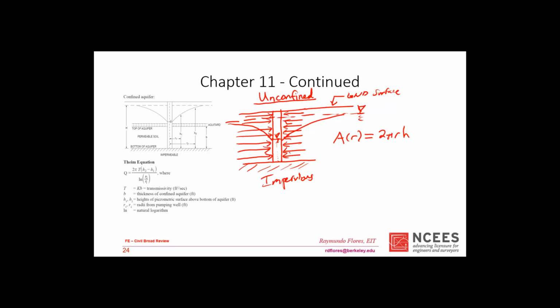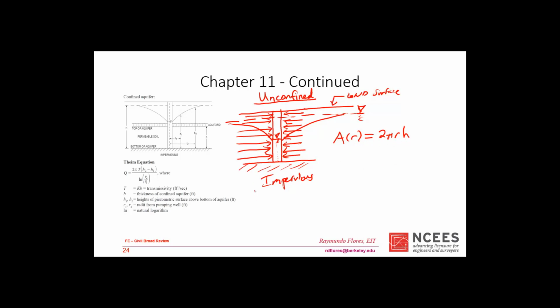It's the total head, basically, and that becomes more relevant when you talk about total head. But because it's the entire thing, you have to make sure that you're accounting for the fact that each point is being affected. So in this case, A of R is 2 pi RH, right?